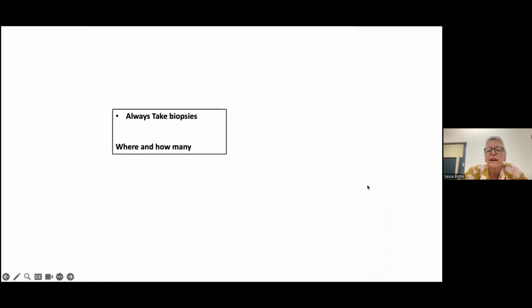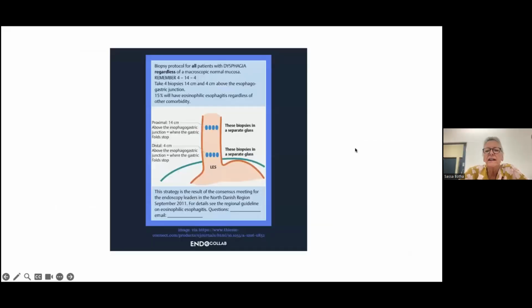Okay, so where and how many? You want a biopsy from the distal esophagus and also the mid esophagus. You take about 4 to 6 from each section, depending on patient tolerance. It's interesting, some say distal, mid and proximal, other people say just distal and mid.